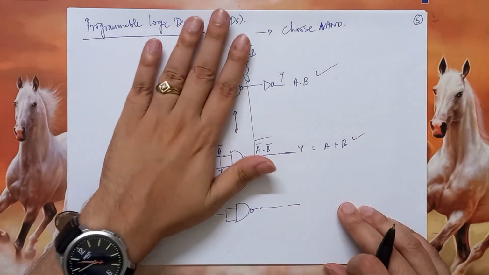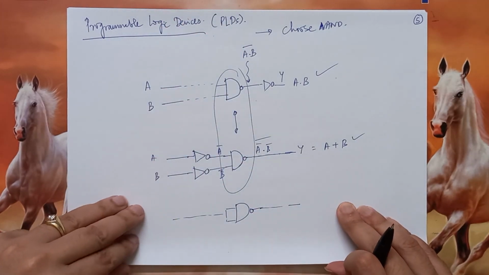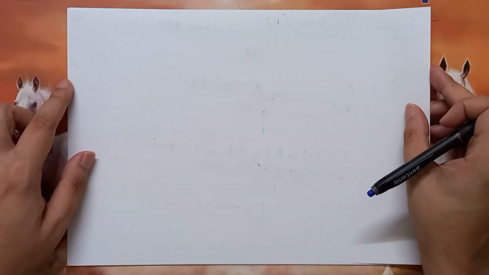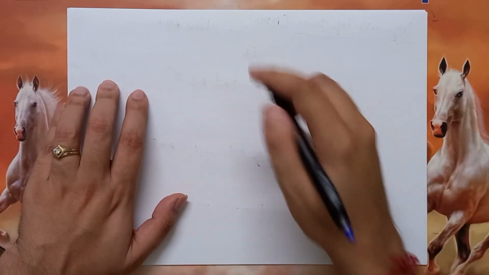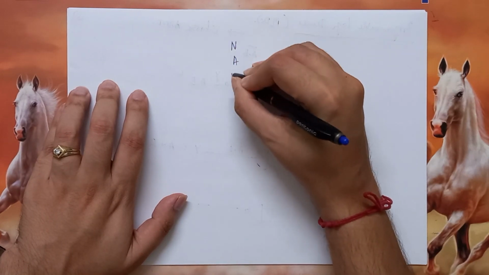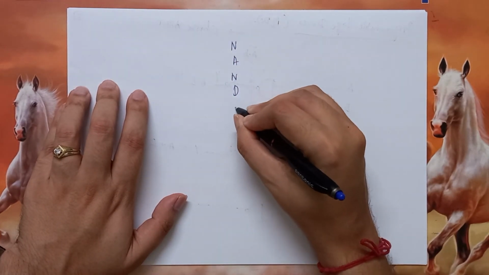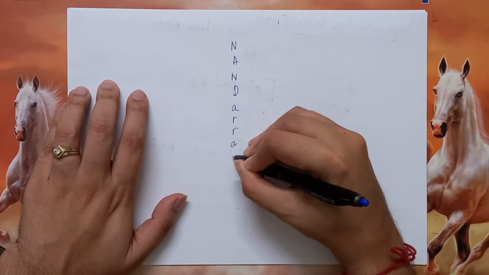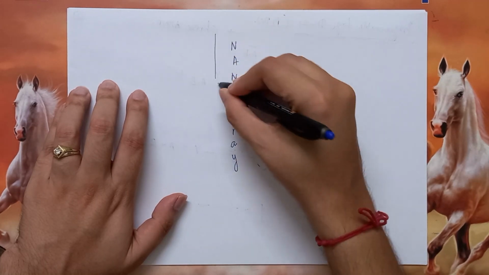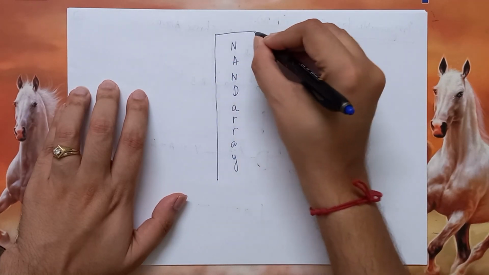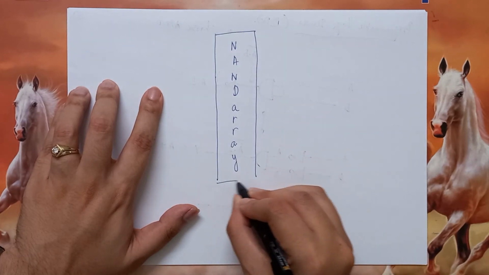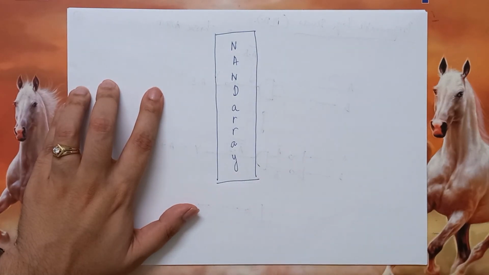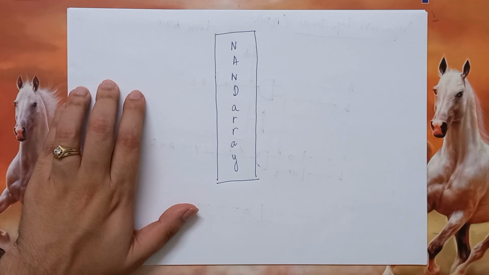So therefore, PLDs essentially look like this. PLDs essentially have a NAND array. They have an array of NAND gates because those arrays of NAND gates will allow you to implement any logic function that you want to do.